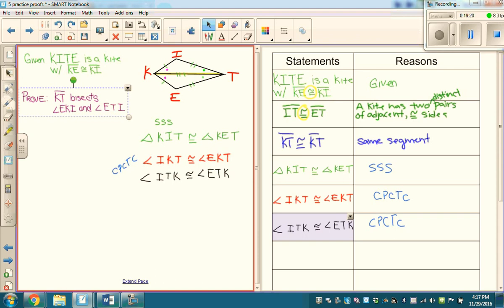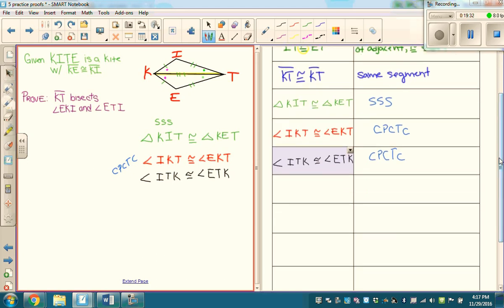So, not going to let me copy that one for some reason. I have to write it out. Let me try one more time.